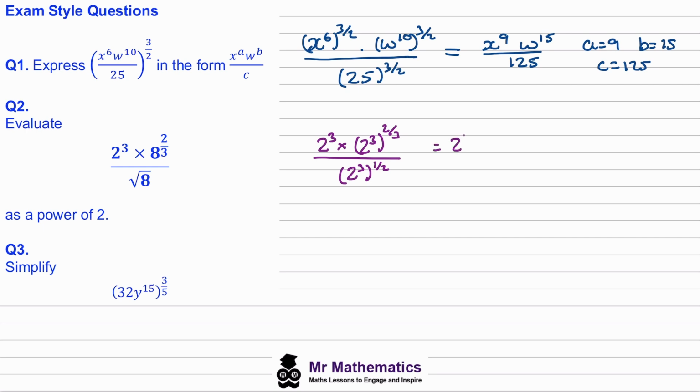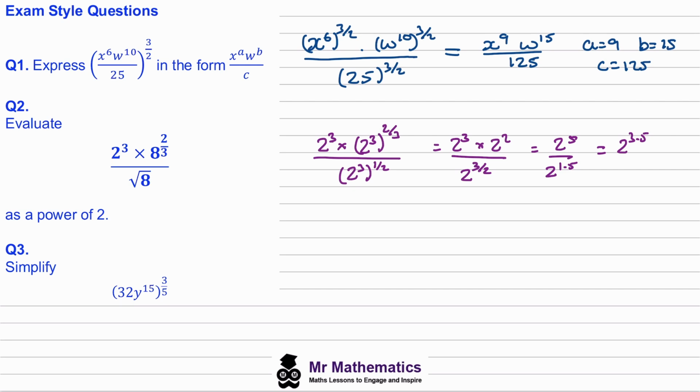So we get 2 cubed times 2 squared over 2 to the power of 3 over 2. Because we're multiplying and the bases are the same, we can add these two powers. So we get 2 to the 5 divided by 2 to the 1.5. Using the division rule, we can subtract these powers. So we get 2 to the 3.5, or 7 over 2.